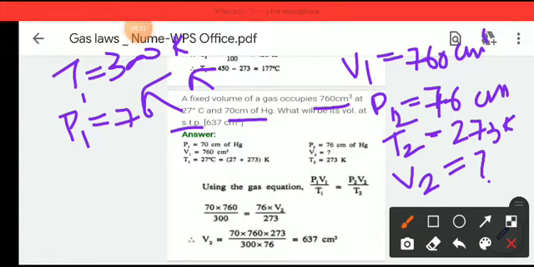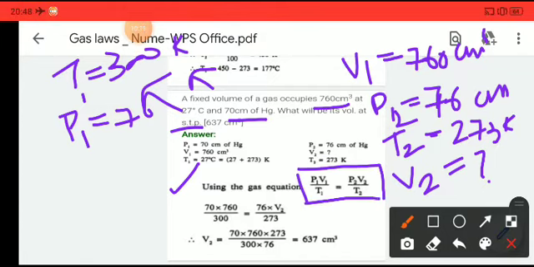So here in this equation we already have the values of P1, V1 and T1 and P2 and T2, and we need to find the value of V2. For this we have to use the combined gas law equation. The combined gas law equation is P1 V1 by T1 is equal to P2 V2 by T2.